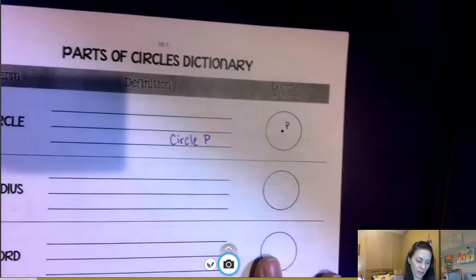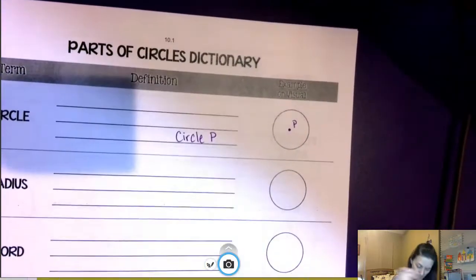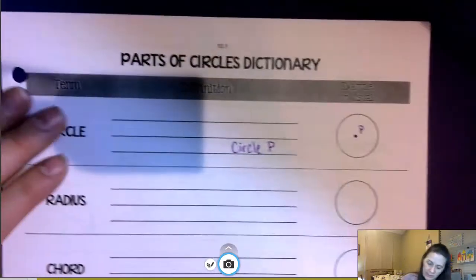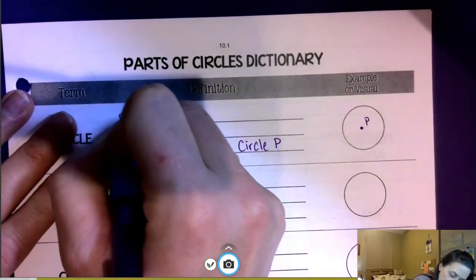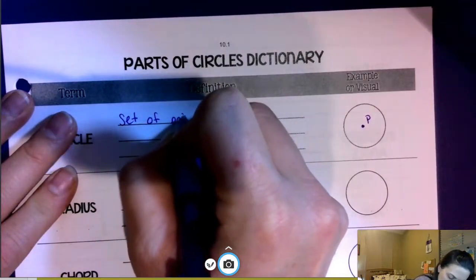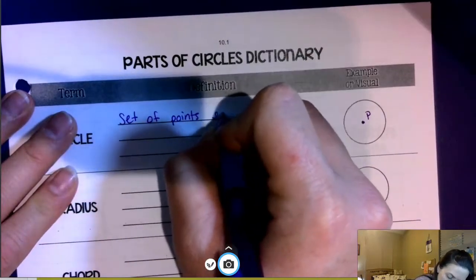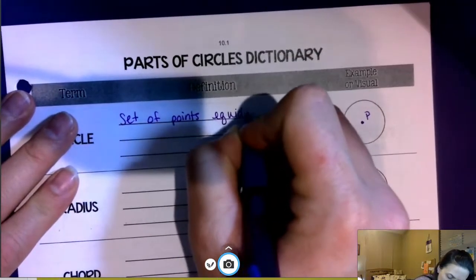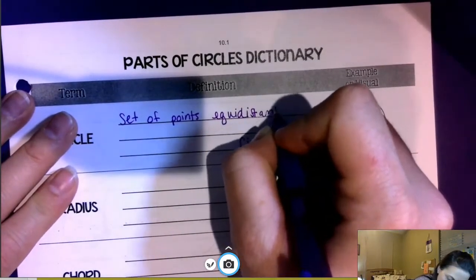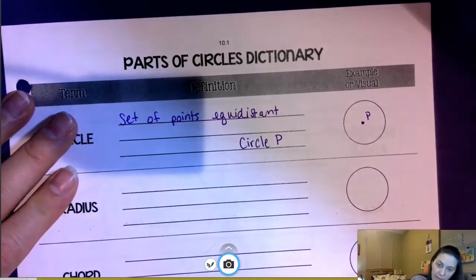Hi, we're starting our notes about circles, so this is on page 114. We're going to do some definitions to begin with. A circle is a set of points equal distance from a given point.